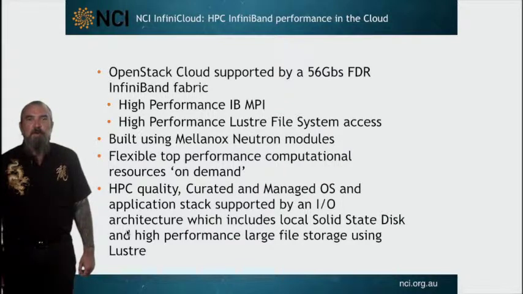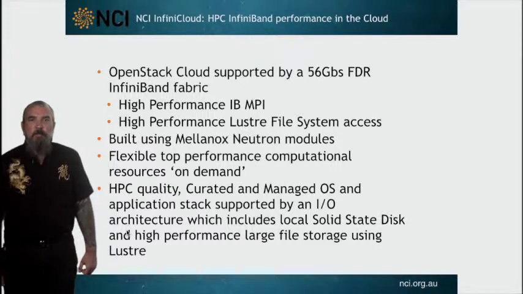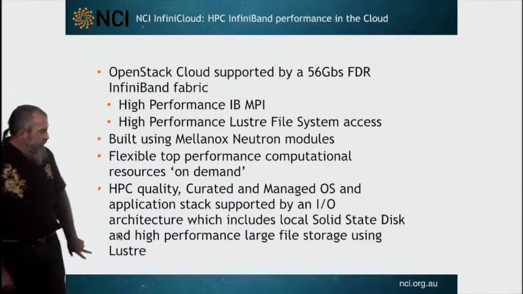It's built using Mellanox Neutron modules, provides flexible top performance computational resources on demand, and has HPC quality with images curated and managed by our application stack team and supported by an I/O architecture which includes local solid-state disk and high-performance large file storage connected to our main Lustre file stores.